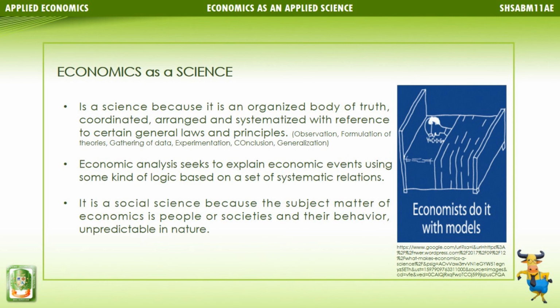Economic analysis seeks to explain economic events using some kind of logic based on a set of systematic relations. It is a social science because the subject matter of economics is people or societies and their behavior, unpredictable in nature.